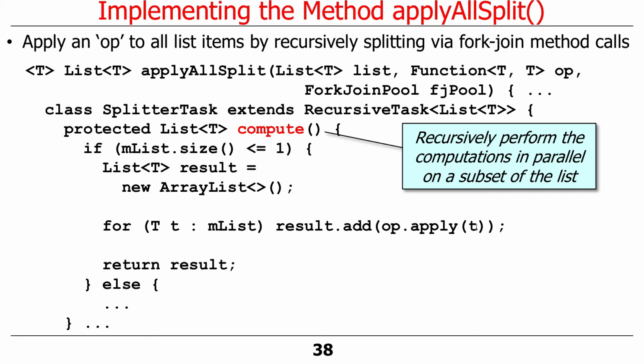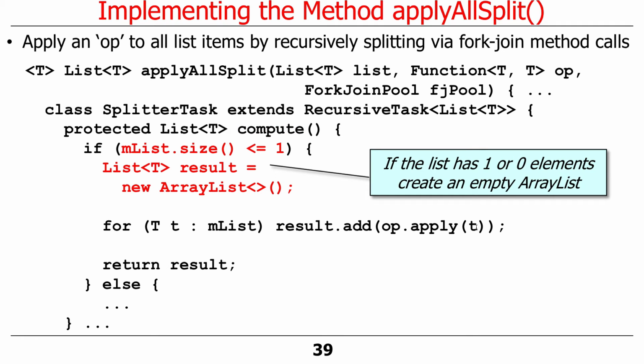So we'll look at the basis case of the recursion first. So here's the compute method. And as the comment says, this recursively performs the computations in parallel on a subset of the list.